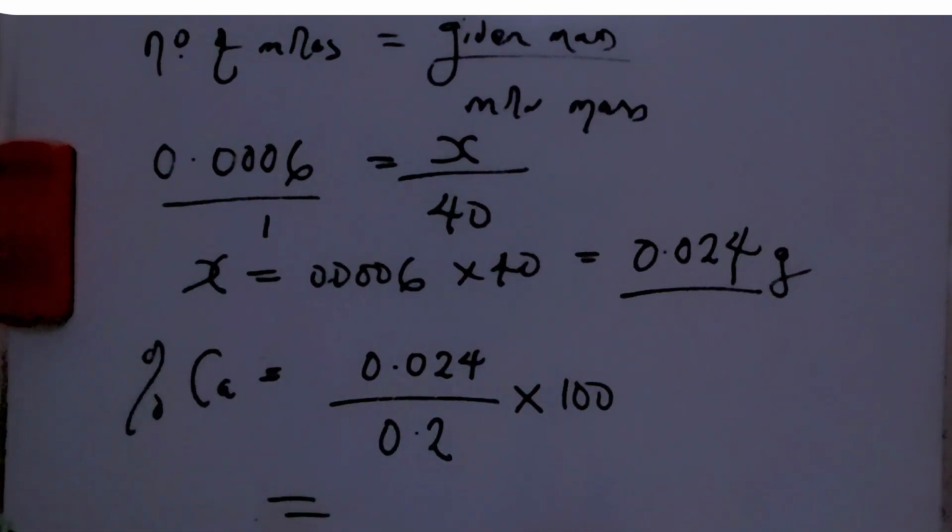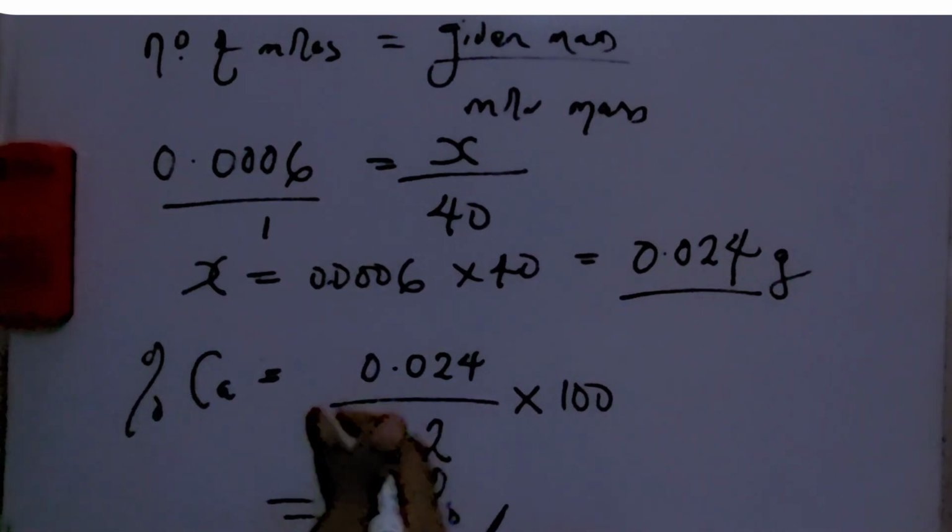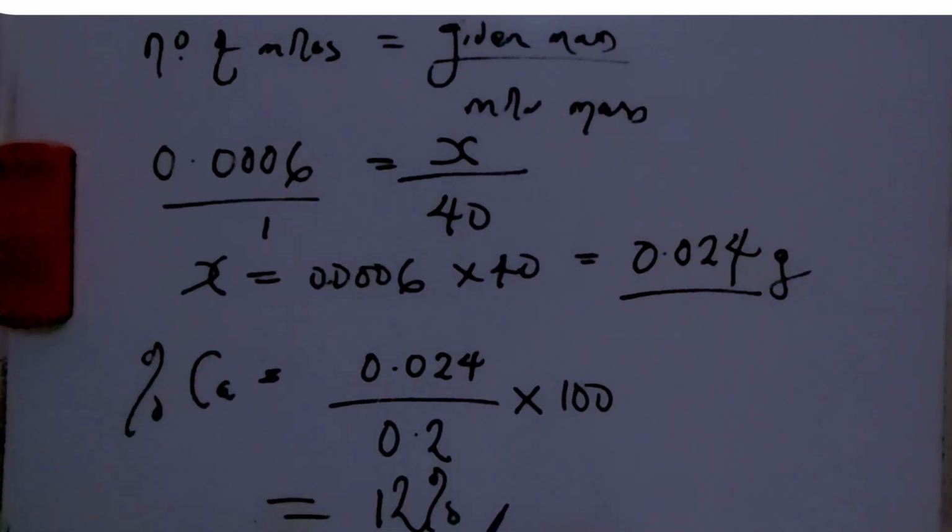In this case, I should be having 12%. So this is how you go about the experiment and calculating the amount of calcium in limestone, which is calcium carbonate. Try to note this and follow it up, take these things down and follow them to understand them better. It's better you understand than just writing or copying.